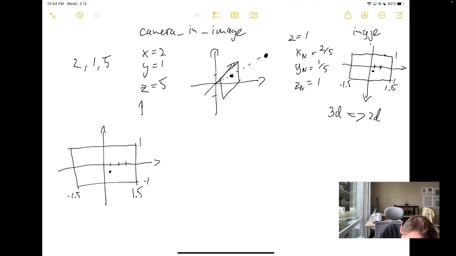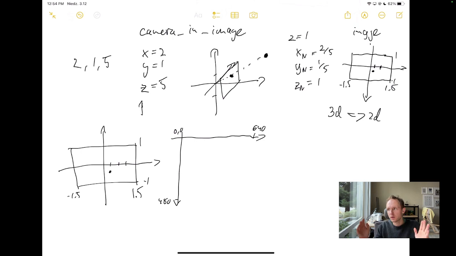And then we want to go to the pixel coordinates, where that begins at 0, 0, and then goes to 640 by 480 or any other arbitrary resolution, right? So let's try to figure out what the mapping is. It seems that the mapping is linear in dimensions, right? So it just uniformly linearly scales the axis with some shift.